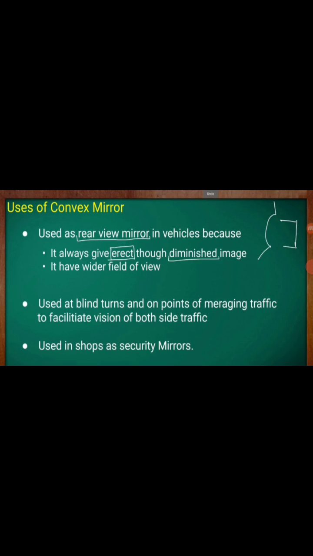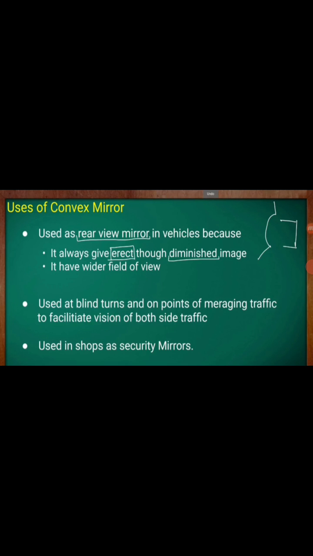When compared to the plane mirror, the convex mirror has a higher field of view area, therefore it gives a wider image path. And also, when you observe in the rear view mirror, the vehicle coming behind you will always look erect and diminished. However big the object is, it will be concentrated on the smaller mirror.